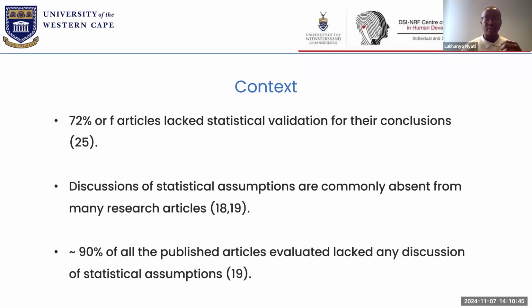And also importantly, I mentioned earlier the issue of assumptions, and it is important that we discuss the assumptions of the tests that we apply in our statistical analysis, and that is largely absent in many research articles. This statistic shows that about 90% of all published articles that were evaluated in this particular research lacked any discussion around statistical assumptions.